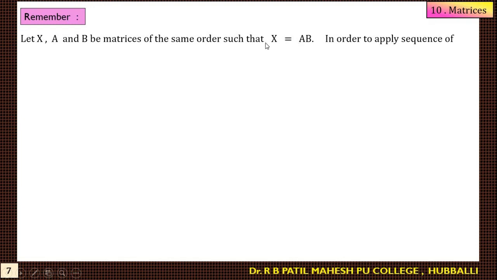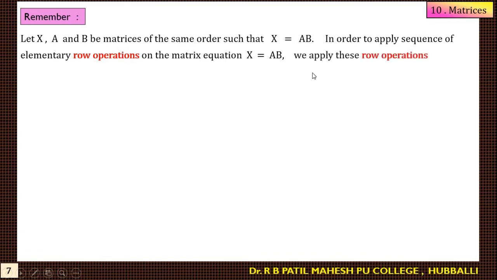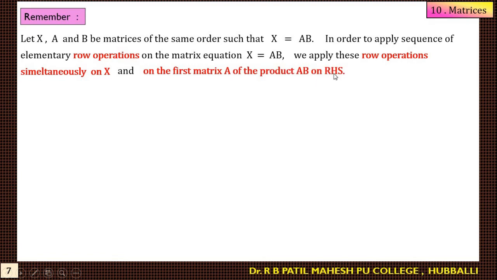That means if you have a matrix equation like this, X equal to AB, in order to apply a sequence of elementary row operations on the matrix equation X is equal to AB, remember students, this is very important, we apply these row operations simultaneously on the X matrix on the left side, and on the first matrix A of the product AB, that is on the RHS.